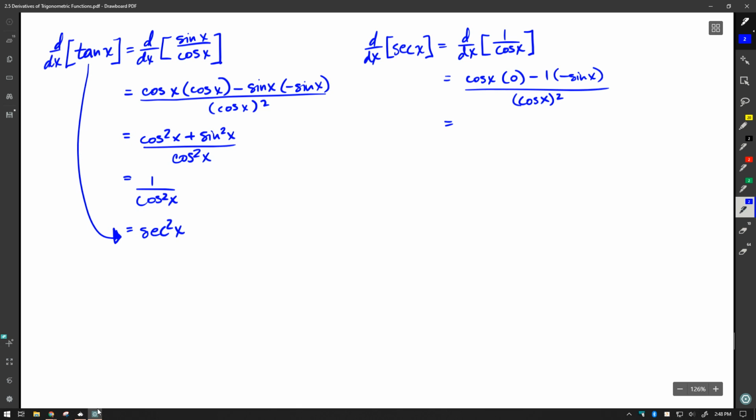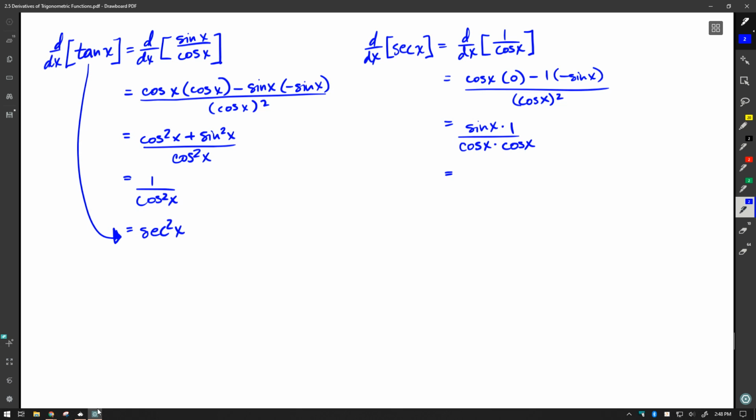Well, 0 times cosine of x is just 0. And negative 1 times sine of x is a positive sine of x. And then rather than write cosine of x quantity squared as cosine squared, I'm going to expand it and write it as cosine x times cosine x. And the reason I'm going to do that is because I can look at sine of x in the numerator as sine of x times 1.